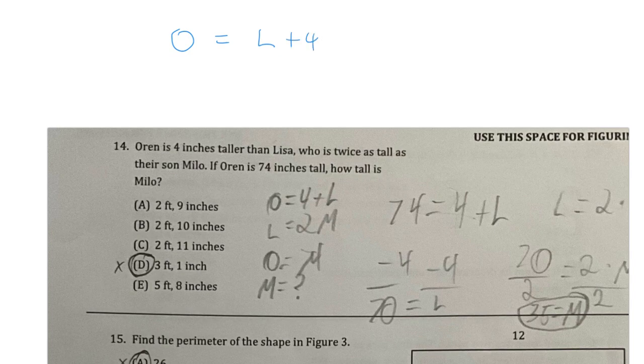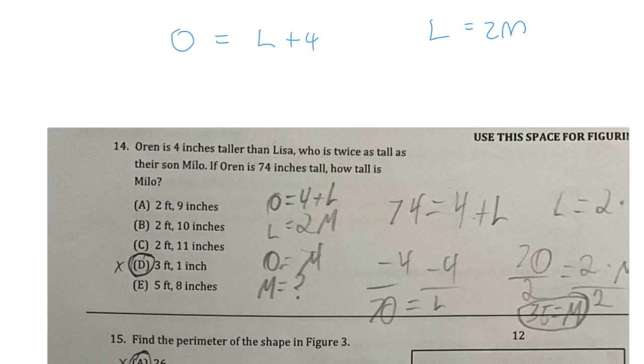We're going to think in terms of inches for now. Now, Lisa is twice as tall as Milo, so we'll represent M as Milo's height in inches, and L is equal to Milo times 2, so that's 2M.